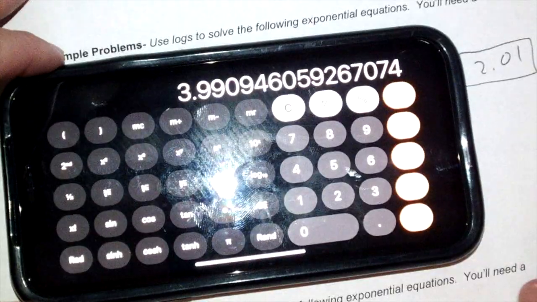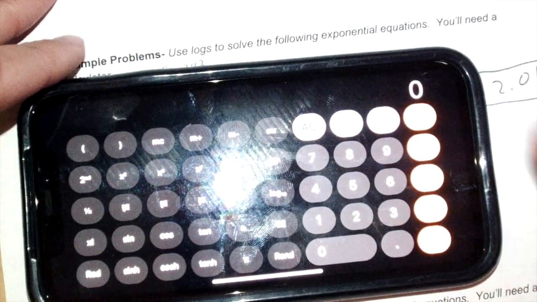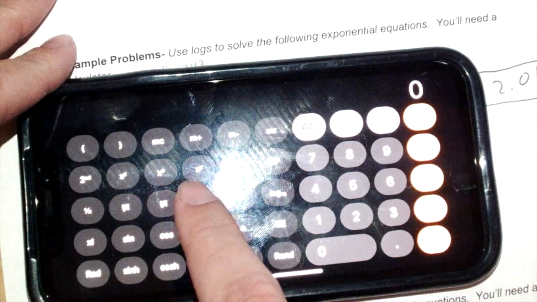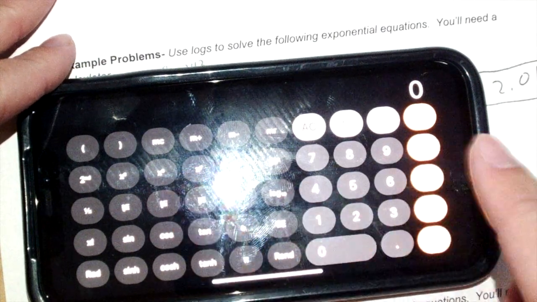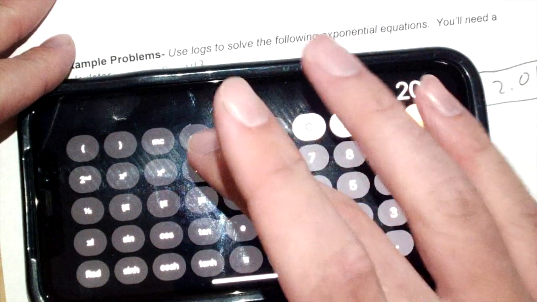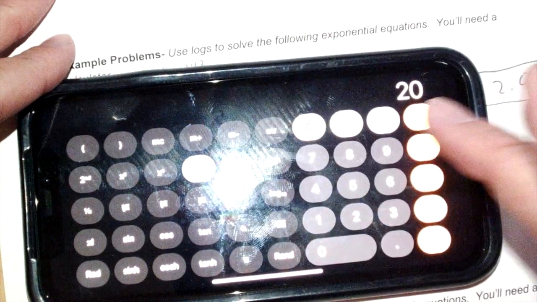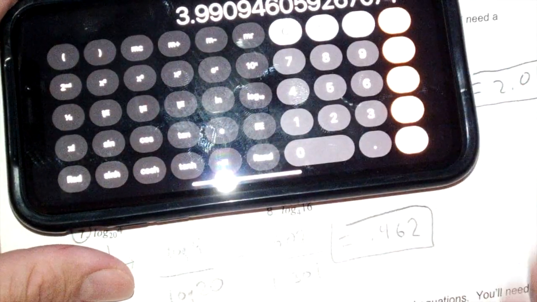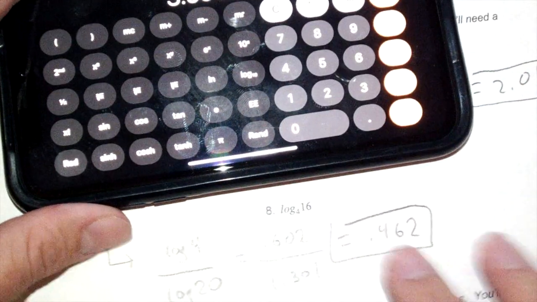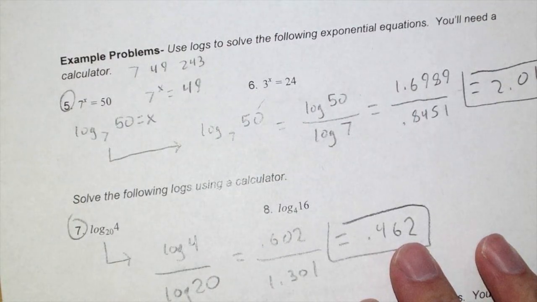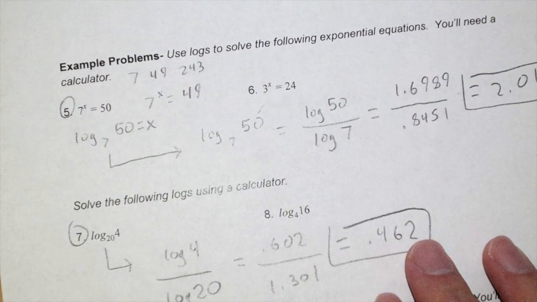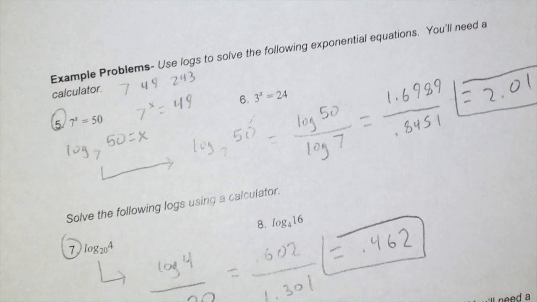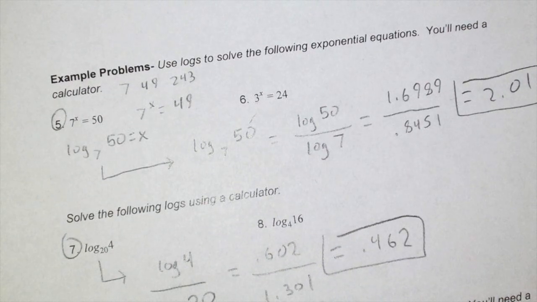Okay, I got to do it again. And the way you could check it on the graphing calculator is you use x raised to the y, and you put the first number in, so 20 raised to the 0.462 to check our work here, and it gives us 3.99.